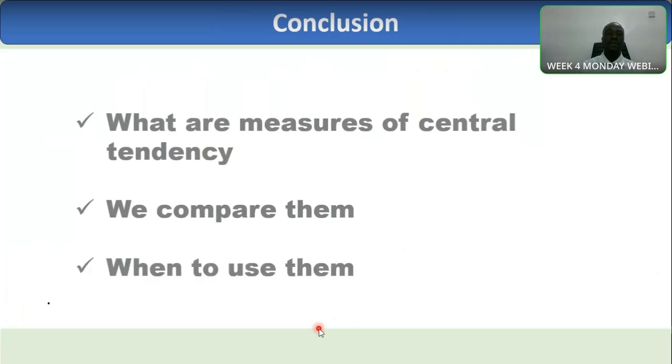And we said that if we have an outlier in a data set, it is either we remove those outliers and use our mean, but if we do not want to remove the outliers, then we might want to go for our median.